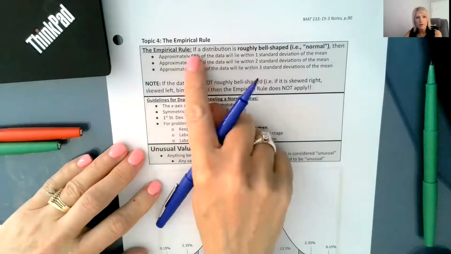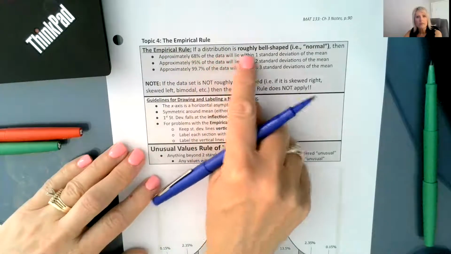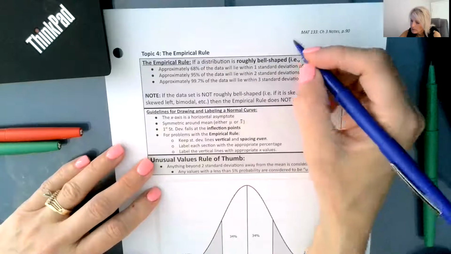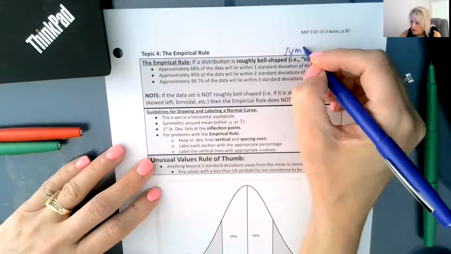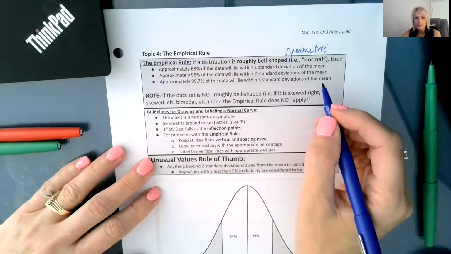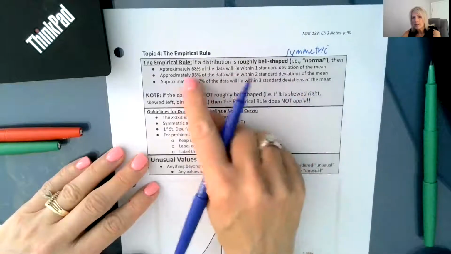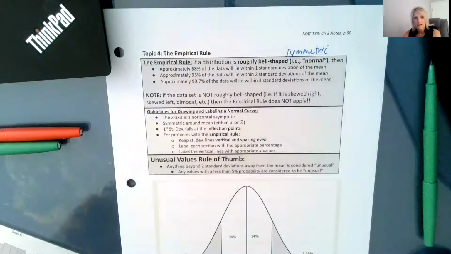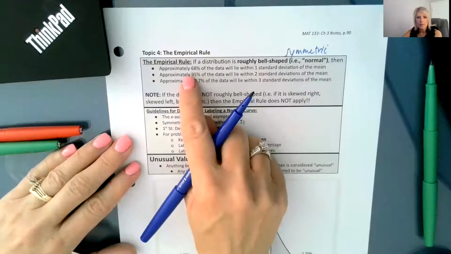So the empirical rule: if a distribution is roughly symmetric, we call it normal or bell-shaped. Remember, we say that when the mean is similar to the median. And once we say that we have a bell-shaped or symmetric or normal data set, then we can use this rule of thumb.